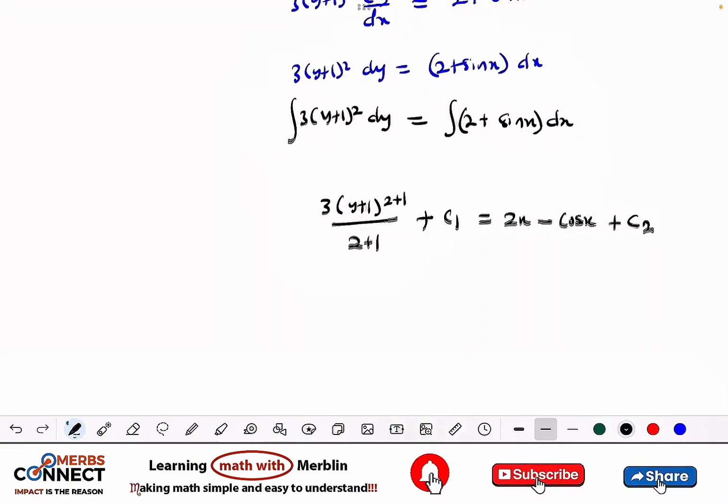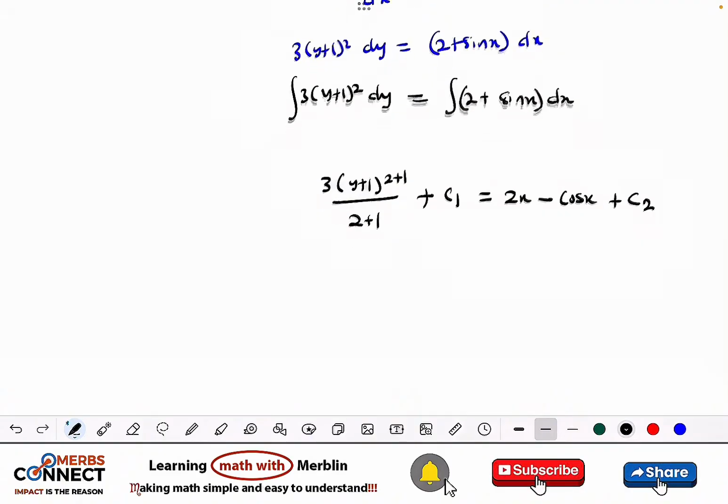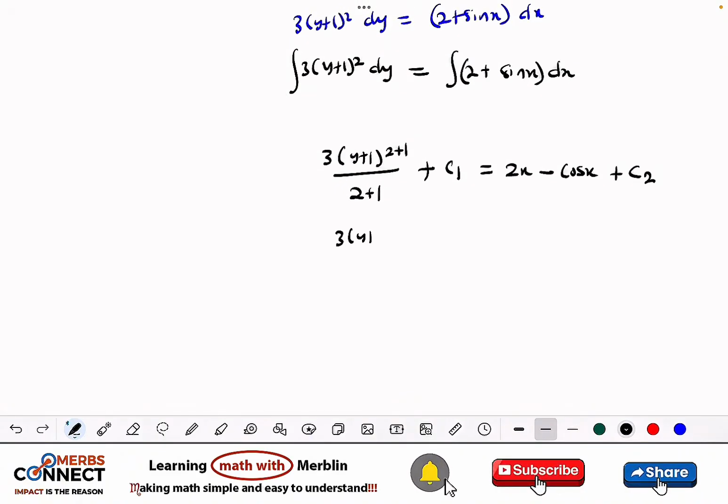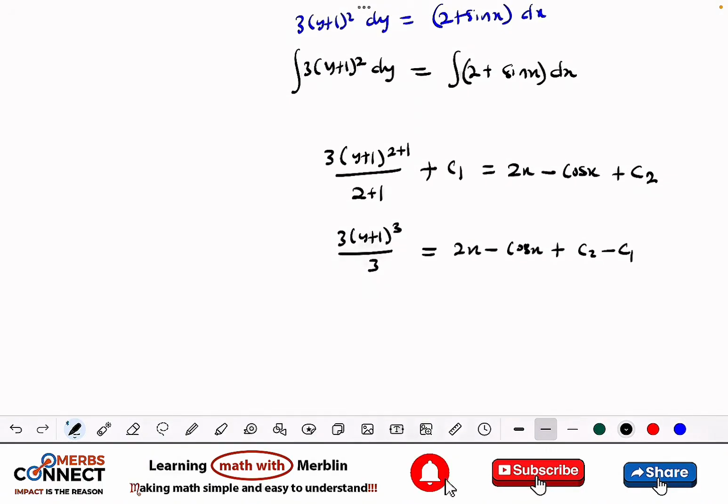So now what can I do? This is now going to give us (3y plus 1) to the power 3 divided by 3 plus c1, or let me move c1 to the right. So equals 2x minus cos x plus c2 minus c1. So this is going to give us (y plus 1) to the power 3 equal to 2x minus cos x plus, now one thing that you need to know is c2 is a constant, this one too is a constant.